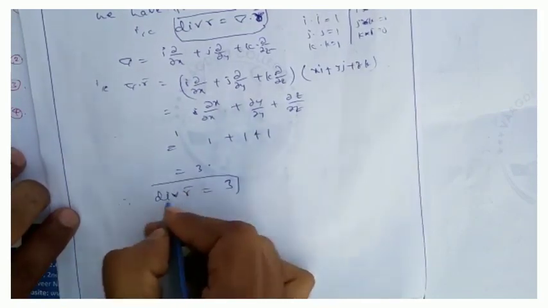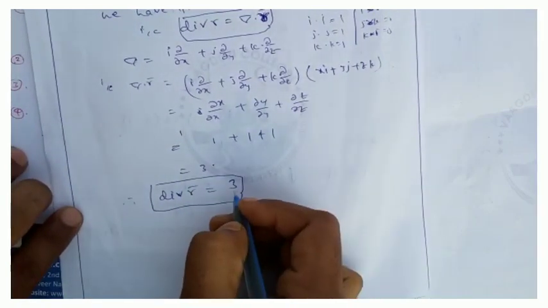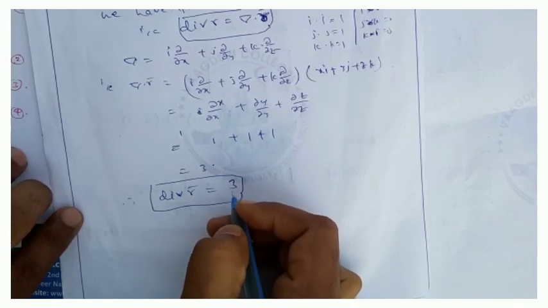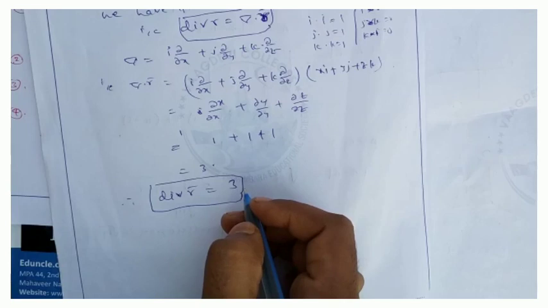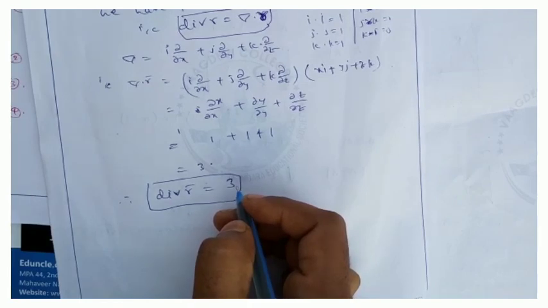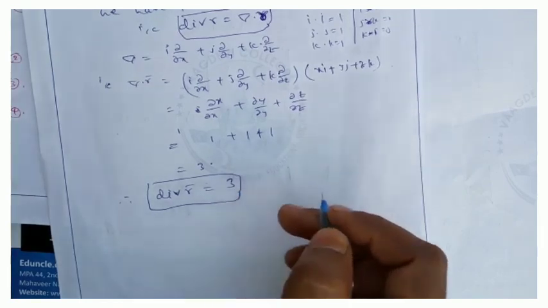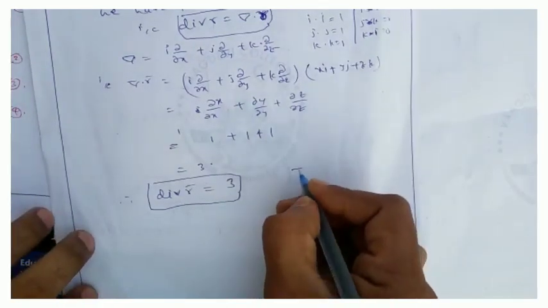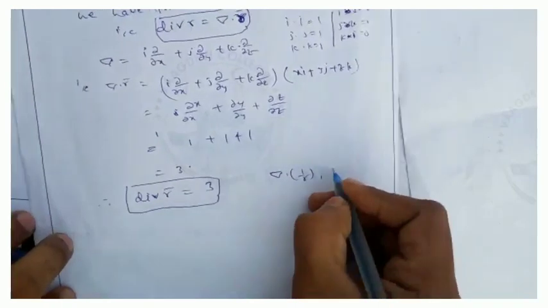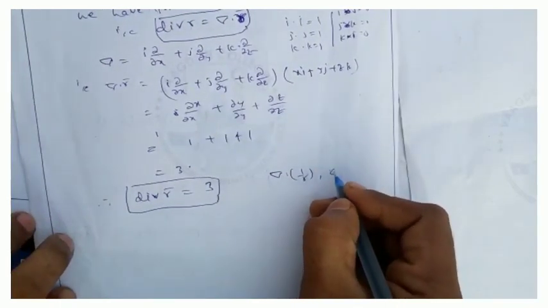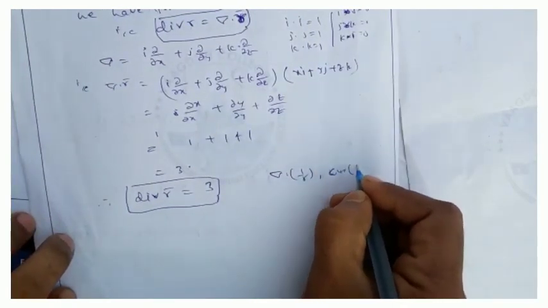It is a direct question, and these kind of questions are very important from the examination point of view. You can find curl of a position vector also. You get 0, and you can find curl of reciprocal of a position vector, divergence of reciprocal of a position vector, that is div of 1 by r, or curl of 1 by r.